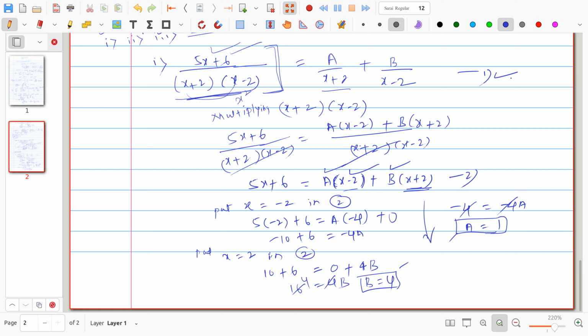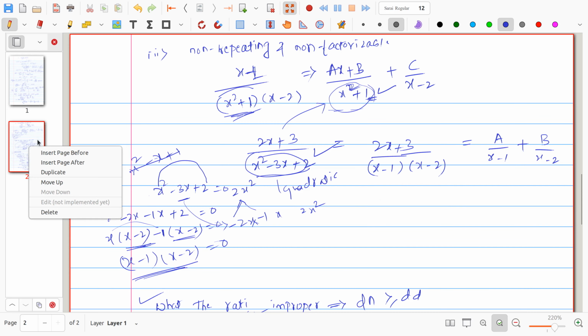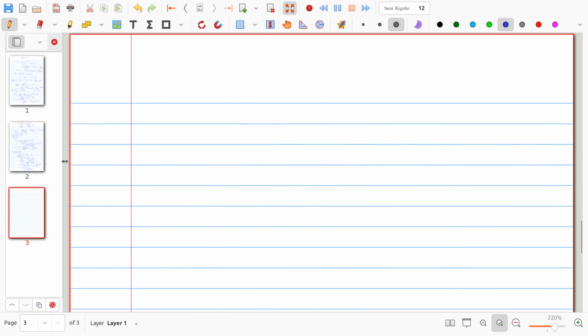Put the value of A and B in equation 1, and finally we have to write the equation in the full form. I will take a new page here. Finally we have to write this equation: (5x + 6) divided by (x + 2)(x - 2).